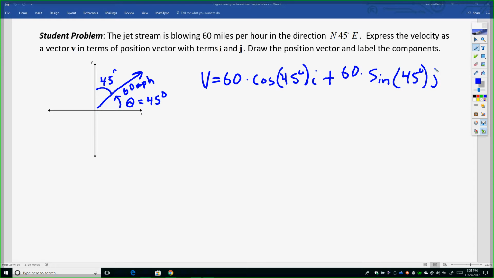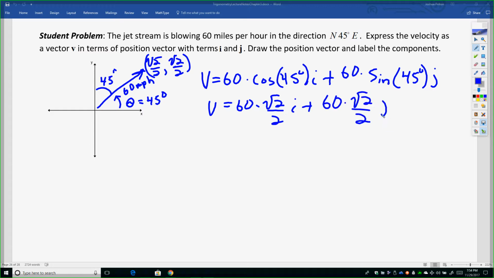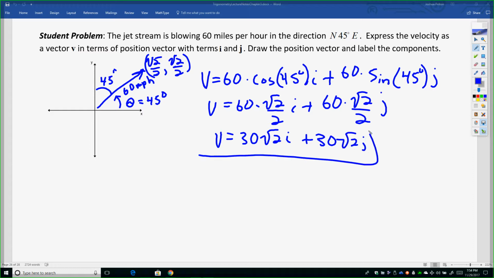And the 45 degree one's very nice. That coordinate is root 2 over 2, root 2 over 2. So I have 60 times root 2 over 2 i, and 60 times root 2 over 2 j. So we have 30 root 2 i, and 30 root 2 j is our vector for that jet stream wind. Okay, let's go to page 27.